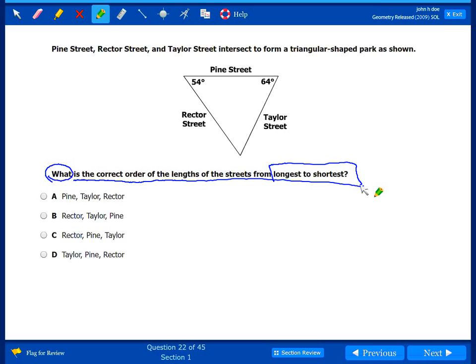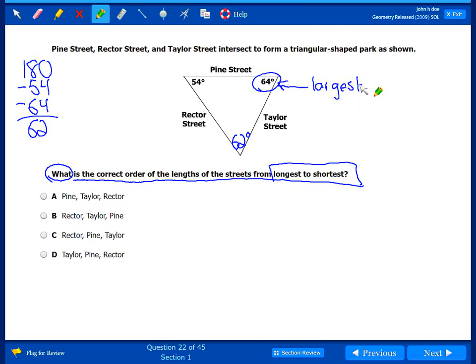So we need to figure out the missing angle. 180 minus 54 minus 64 gets us that missing angle of 62. So to find the longest side, we pick the biggest angle. So this is the largest angle.